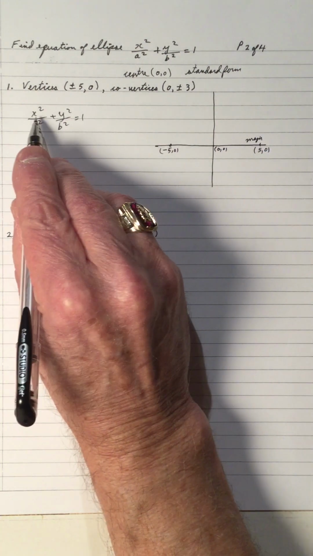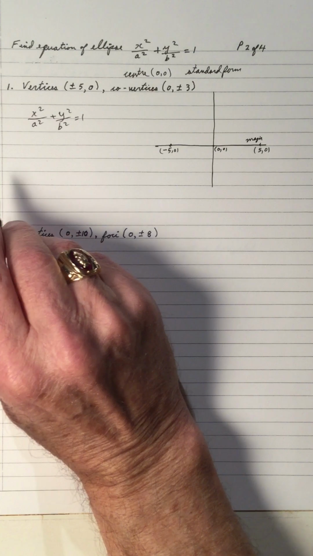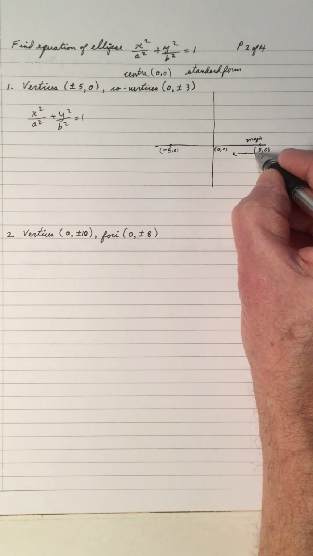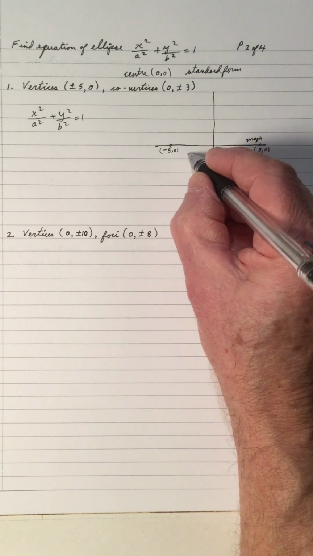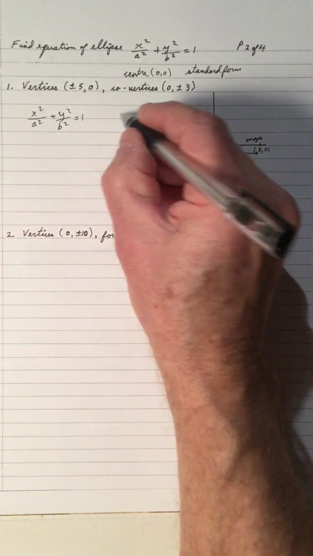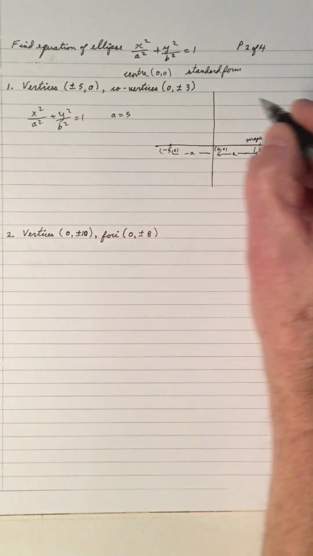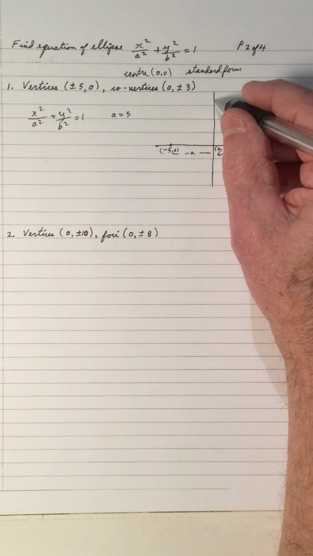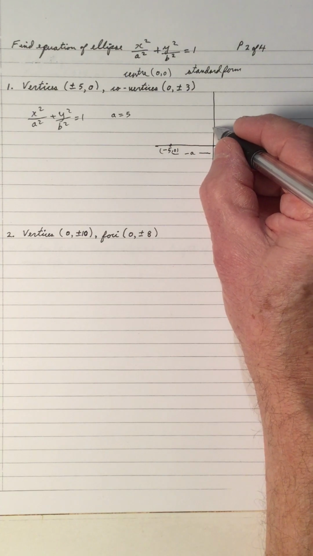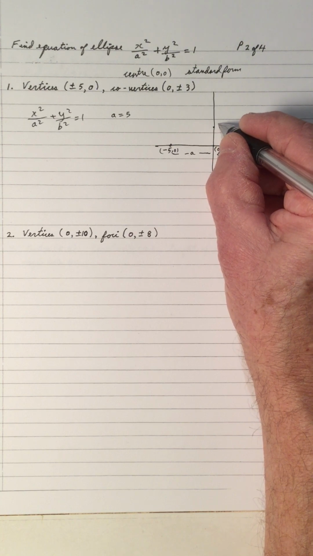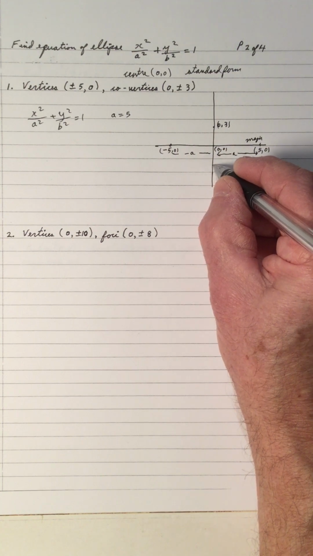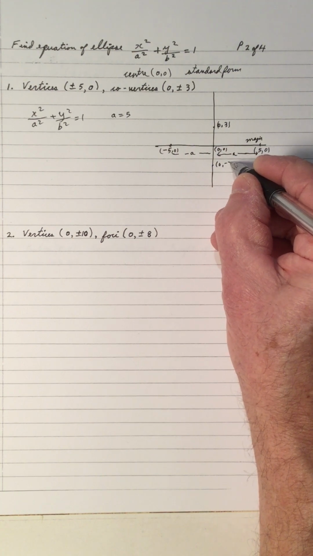So that means we have x squared and y squared. This is the major axis, so a is 5, and the other vertex is negative a, which is negative 5. The co-vertices are on the minor axis, so at x is 0, y is 3 and x is 0, y is negative 3.